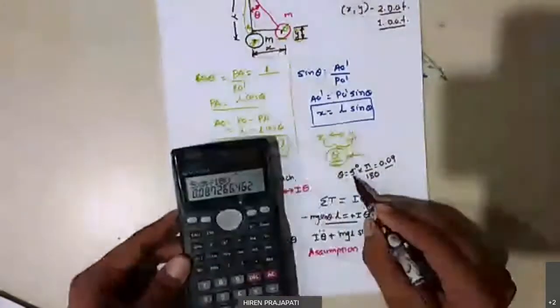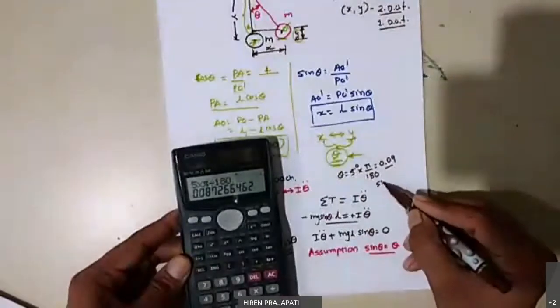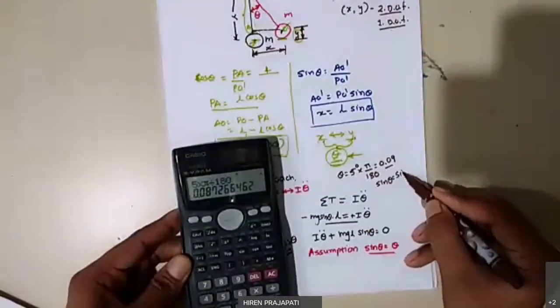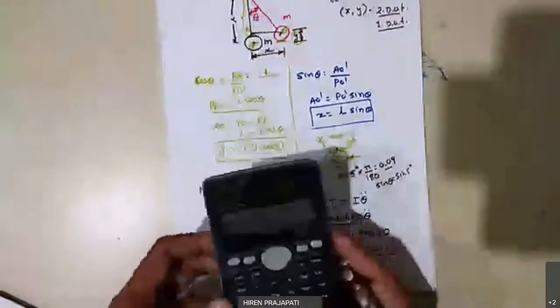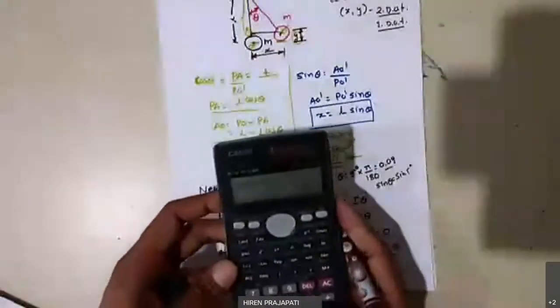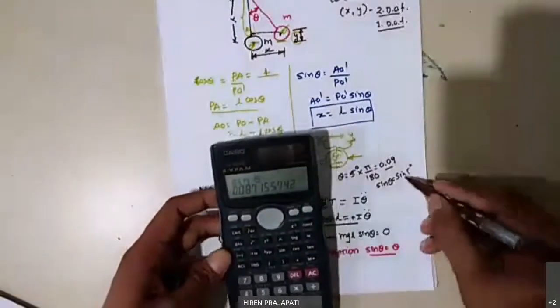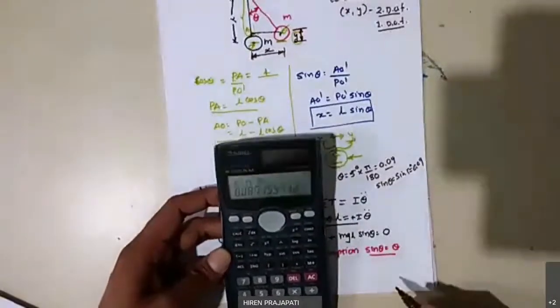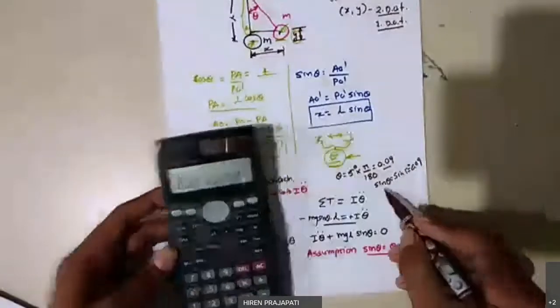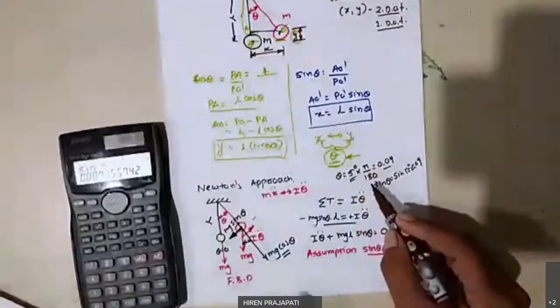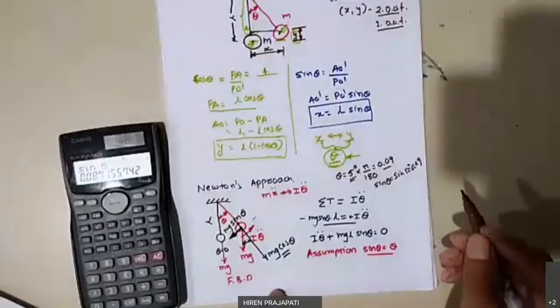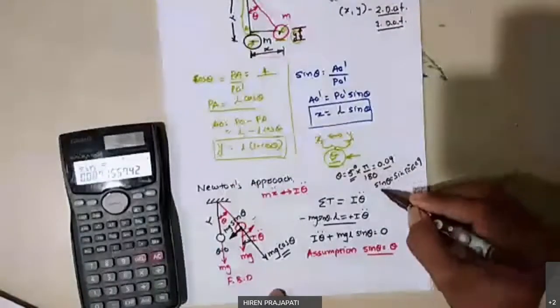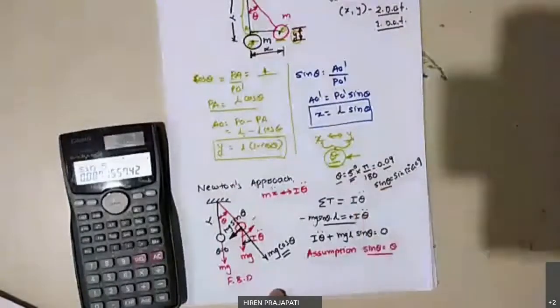Now, if I consider sin 5 degrees, what do I get? Let me check. If you look, I'm again getting more or less 0.09. So I can assume that for a small angle, if we are talking about only a 5 degree or 10 degree angle, sin theta can be assumed as theta.